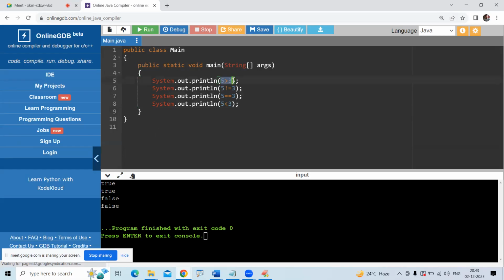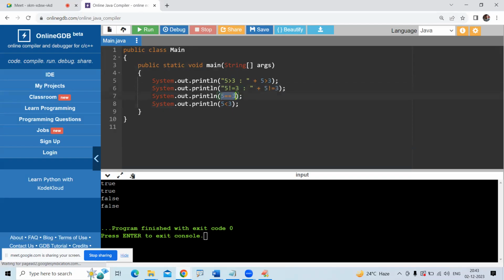A very important one. Here, I'm specifying clearly with the quotations. Hope you got the point.